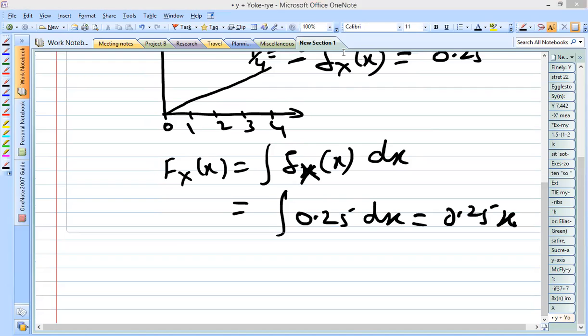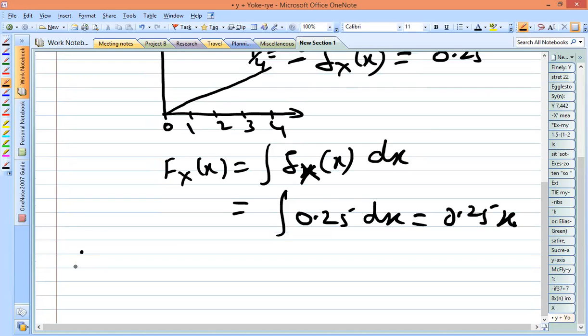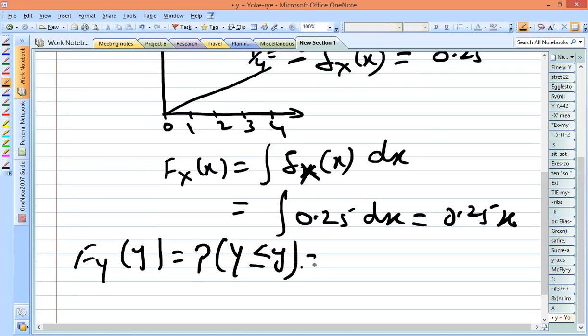Now we can use the equation FY of y is equal to probability of Y less than or equal to y, which can be written in terms of the range of the independent variable x. So we can write the probability with the range we have seen: minus root y plus 2 less than x less than or equal to root y plus 2.